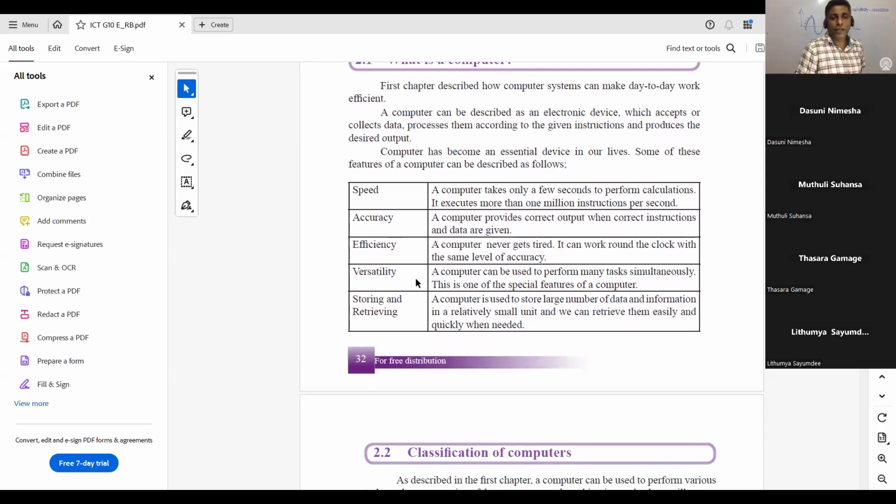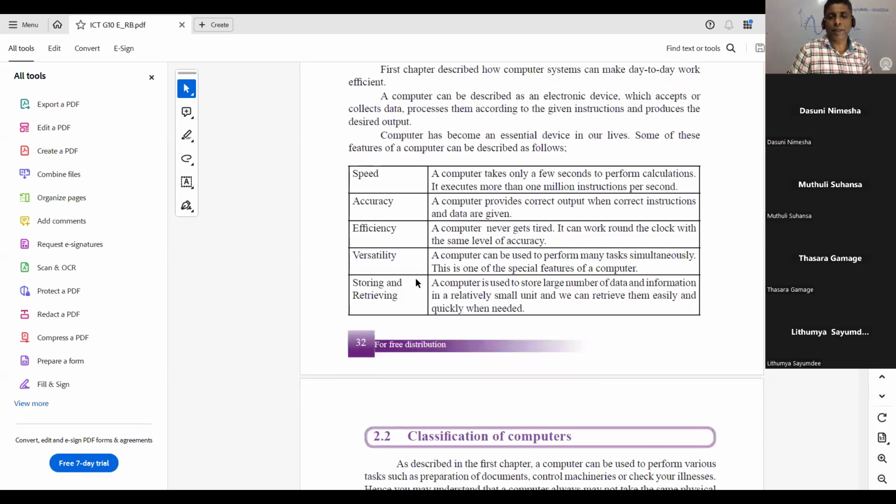Those are basic features of a computer, right? There are plenty of features, but these are very important. For speed, you should be able to explain the speed, accuracy, efficiency, versatility, what is versatility, and what storing and retrieving is, right?